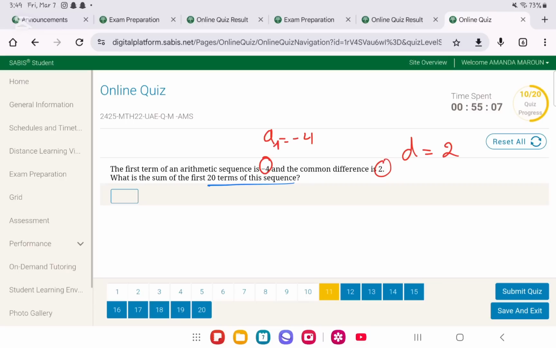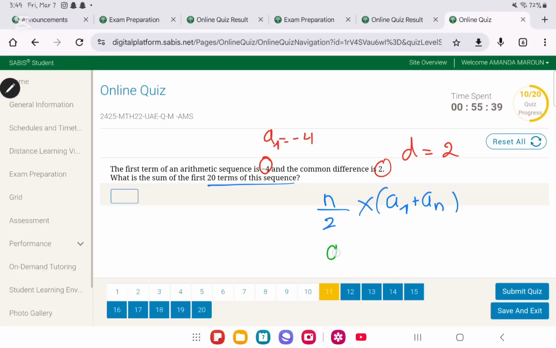There's either the one equation, which is very long, or you can do it in two separate ways, and the answer will be the same. So, personally, I would use the two separate ways. First of all, I know that the sum of the terms is going to be n over 2 multiplied by (a1 plus an). I have n, I have a1, I don't have an. Let me find an.